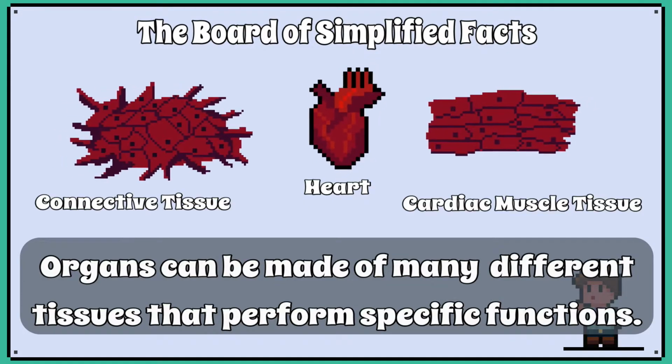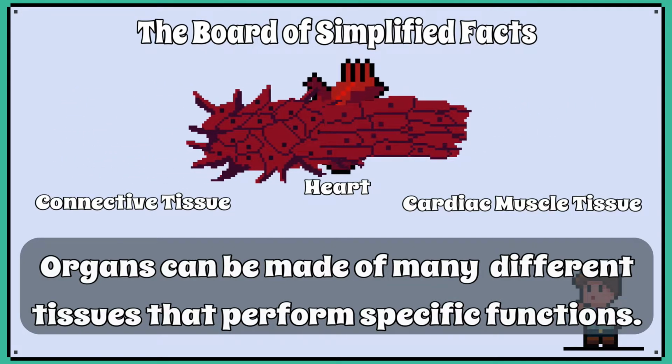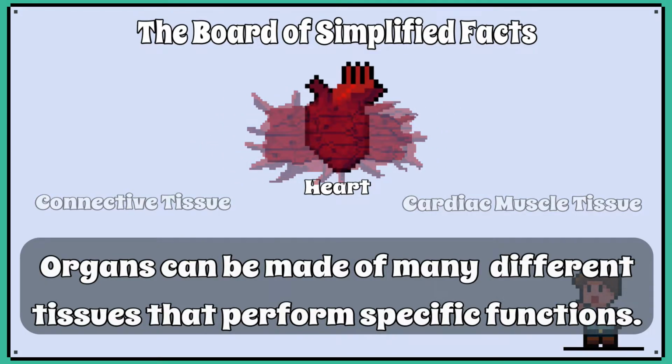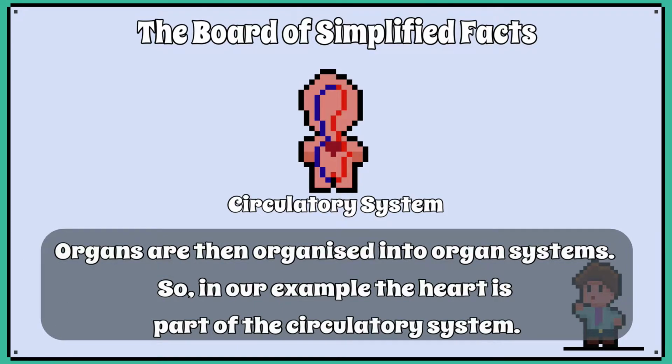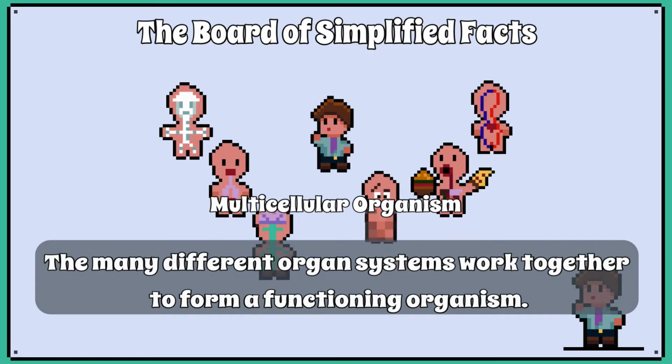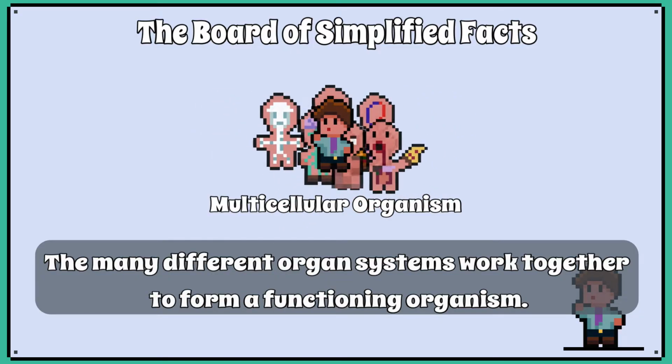The heart needs many different types of connective and muscle tissues working together so that the heart can act as a pump. Organs are then organized into organ systems. So in our example, the heart is part of the circulatory system. The many different organ systems work together to form a functioning organism.